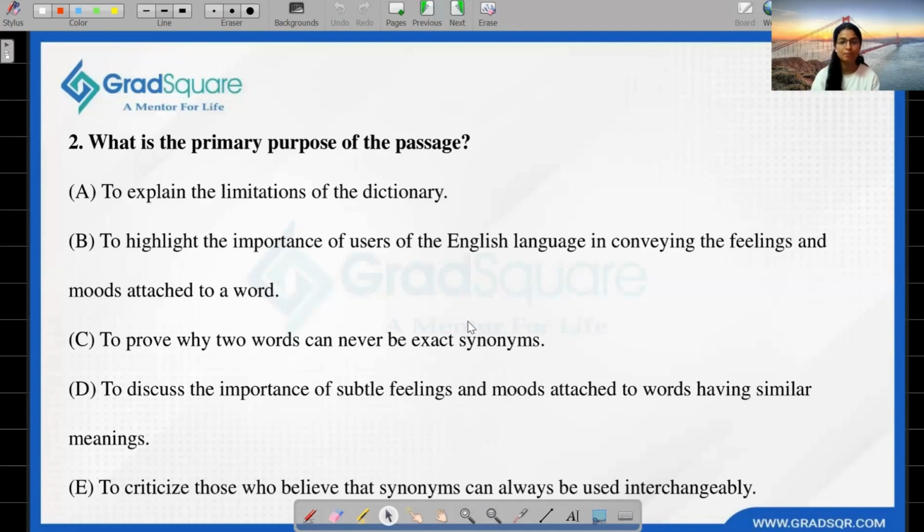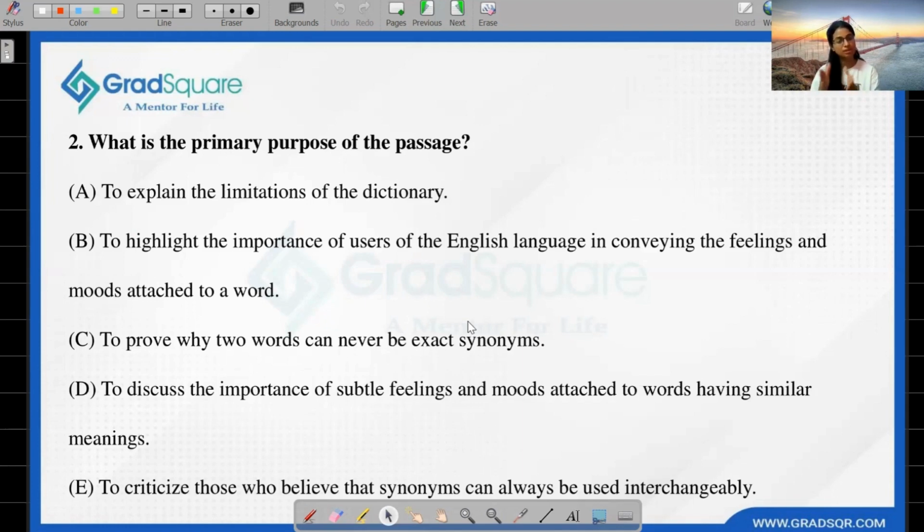Next option: to highlight the importance of uses of the English language in conveying the feelings and moods attached to a word. Again, the author mentions this in the last paragraph, but he didn't dedicate the entire passage to discussing this, right? So this is not the primary purpose of the passage. Rather, it's a part of the passage.